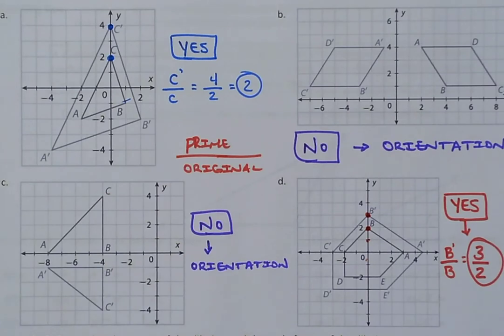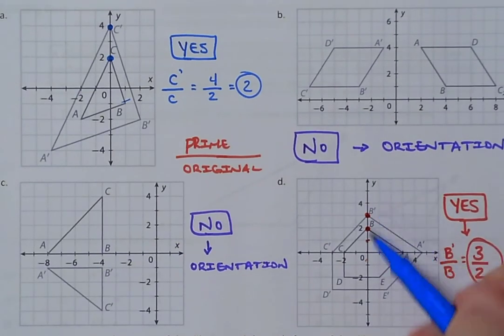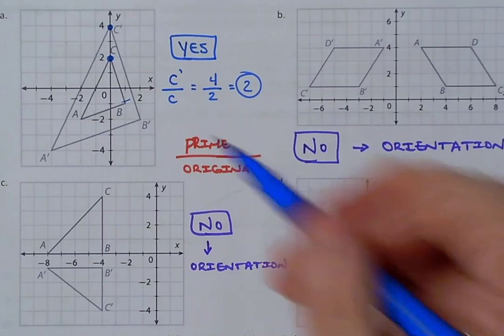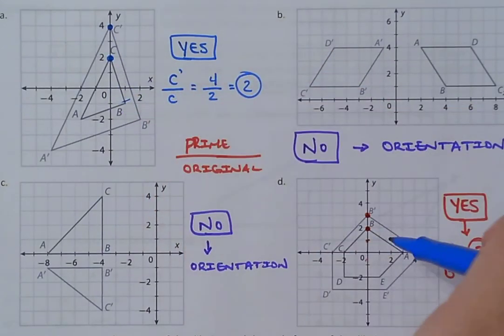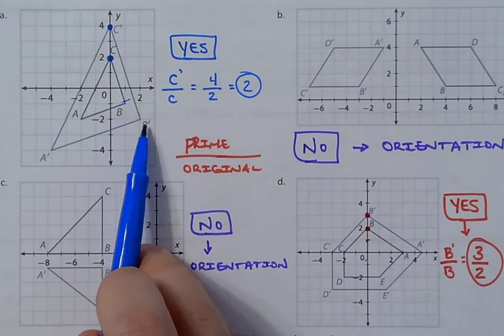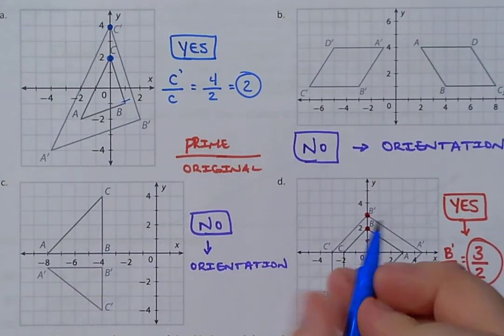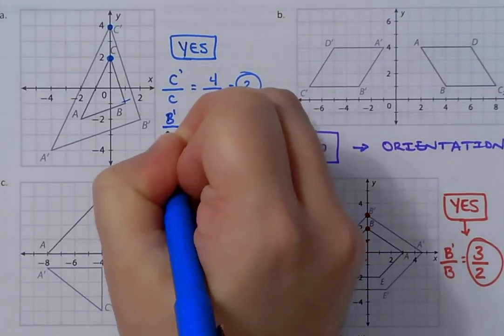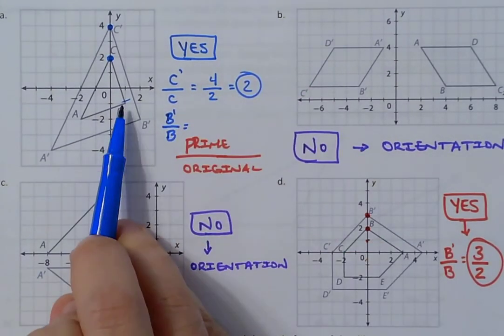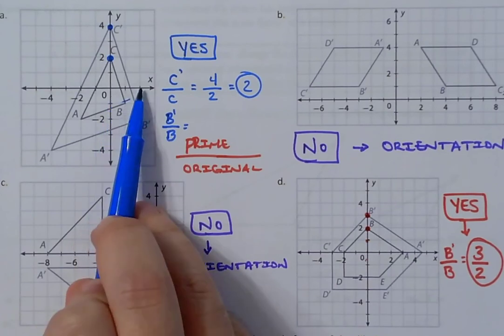Real quick, if you're wondering if you don't have a point directly on the y-axis or the x-axis, like I've done for A and D, if we took B and B prime here, just to show you real quick, if we did B prime over B, it doesn't matter if you use x or y, let's use x.